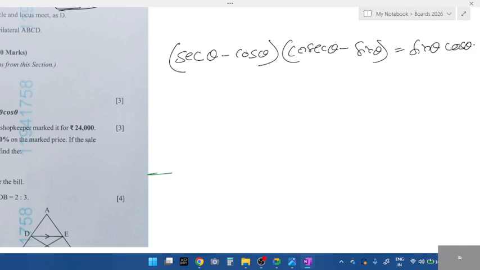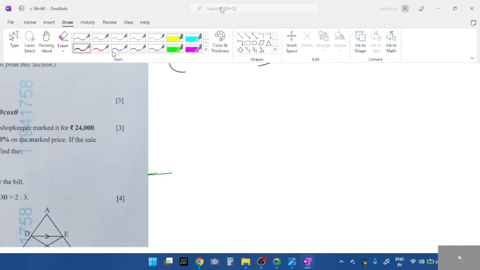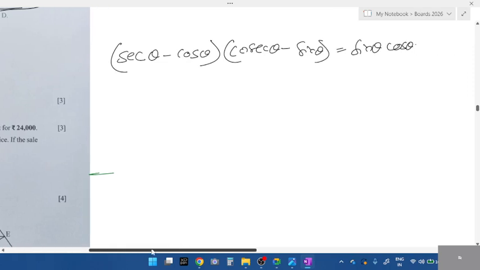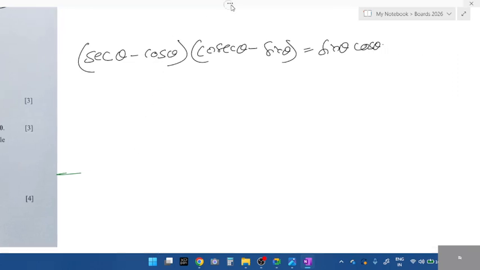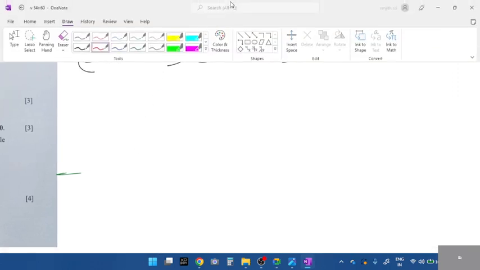Yes, Angel, can you explain this? How do you solve this, Angel? Yeah, how do you solve this question? What is given on the right hand side? Which one should we solve? Left hand side or right hand side?